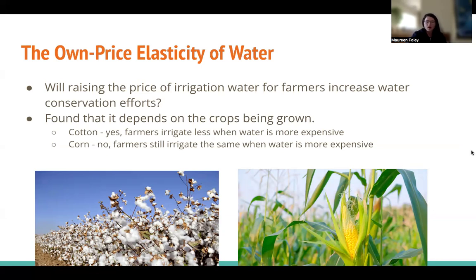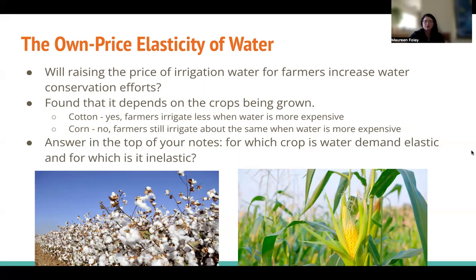For cotton, farmers who are growing cotton, they did respond by cutting back their irrigation. But for corn, they did not respond to that. So for corn, they still irrigated the same, even though water was more expensive. The same farmers were willing to cut back on their water use for cotton when water was more expensive.